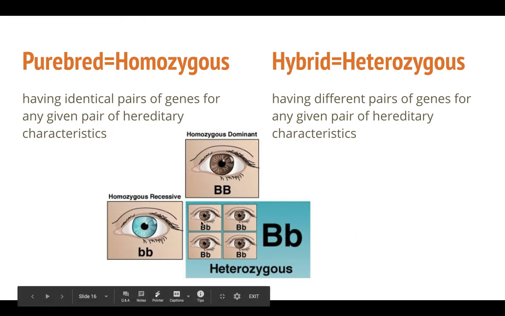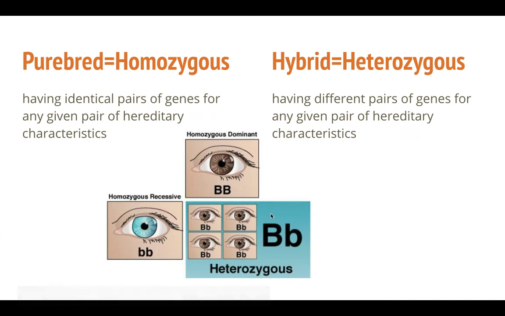So even though their eyes are going to be brown, their genotype is different from the homozygous parent because the homozygous parent has big B, whereas the offspring will all have big B, little b.